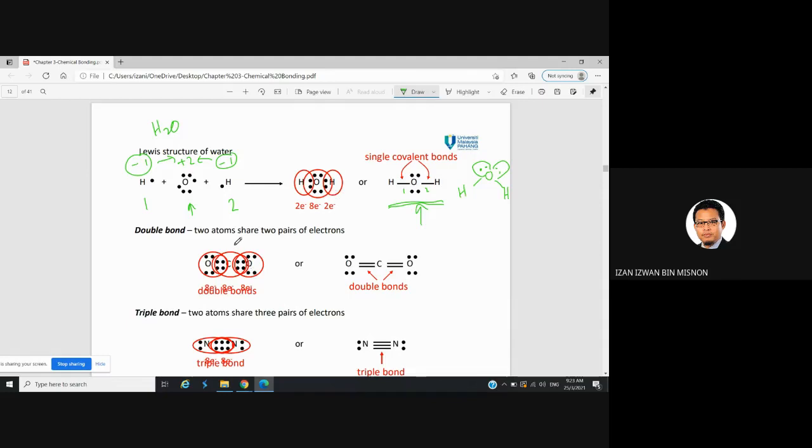For double bond, two atoms share 2 pairs of electrons.